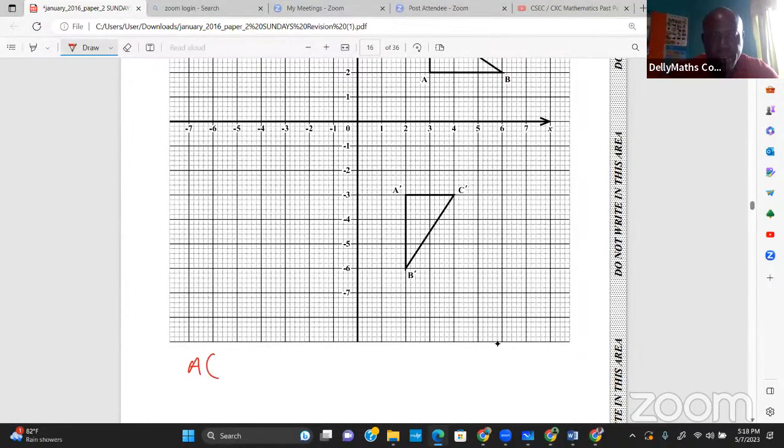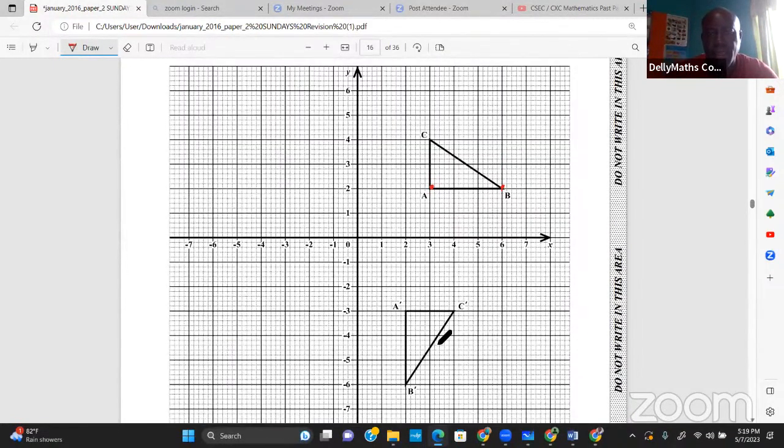A is 3 meets 2 right here. B is (6, 2) right there. C is (3, 4) right there.